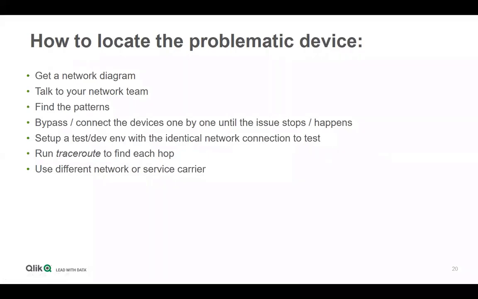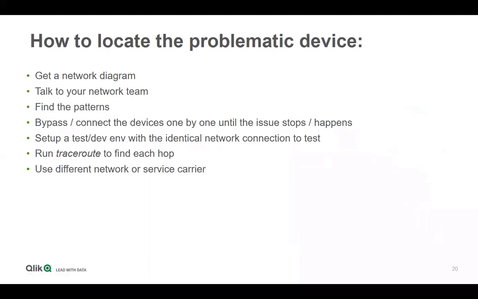I know for some clients, you may not be allowed to do this kind of test in production. So if they have a dev or UAT environment with the same or identical infrastructure, you can test in that environment first.